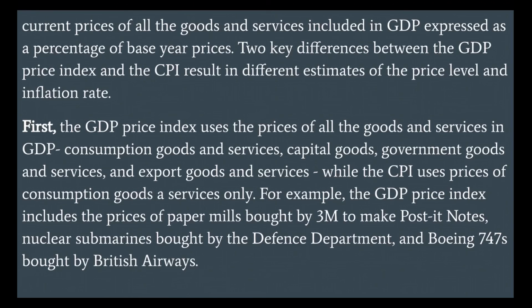First, the GDP price index uses the prices of all the goods and services in GDP: consumption goods and services, capital goods, government goods and services, and export goods and services, while the CPI uses prices of consumption goods and services only. For example, the GDP price index includes the price of paper mills bought by 3M to make Post-it notes, nuclear submarines bought by the Defense Department, and Boeing 747s bought by British Airways.